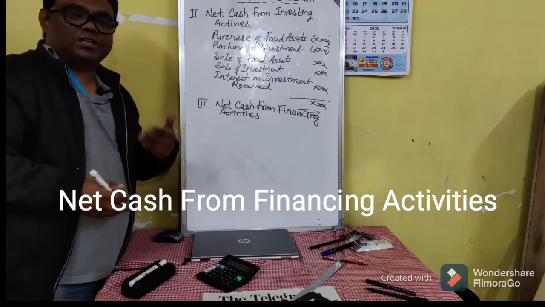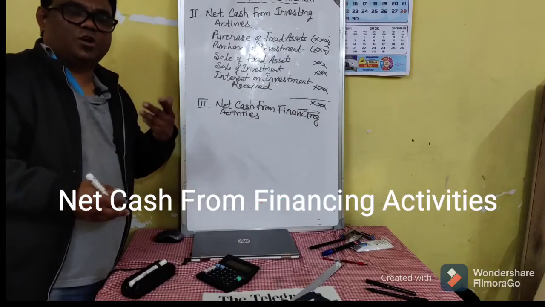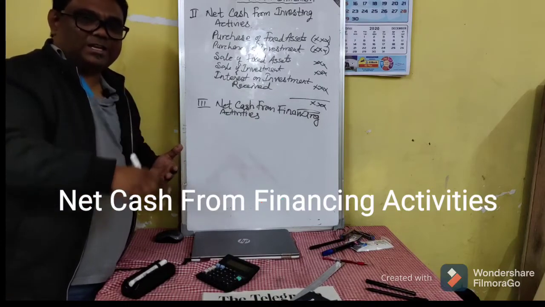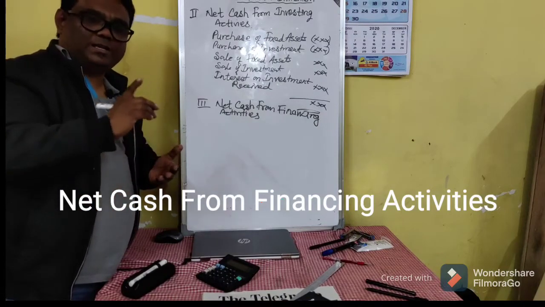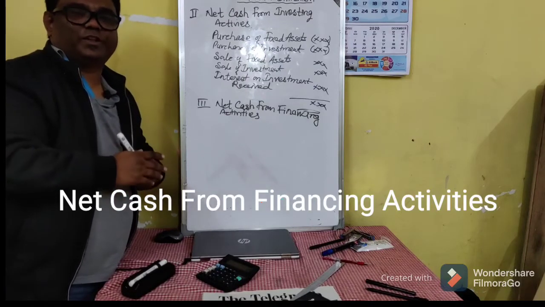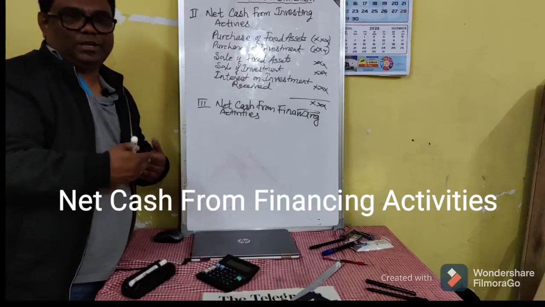All this, issue of equity share, issue of preference share, increased debenture raised, is all inflow of cash. When share capital is decreased, debenture decrease means redemption of debenture, redemption of preference share, redemption of equity share, that will decrease the capital. That will be the outflow of cash.